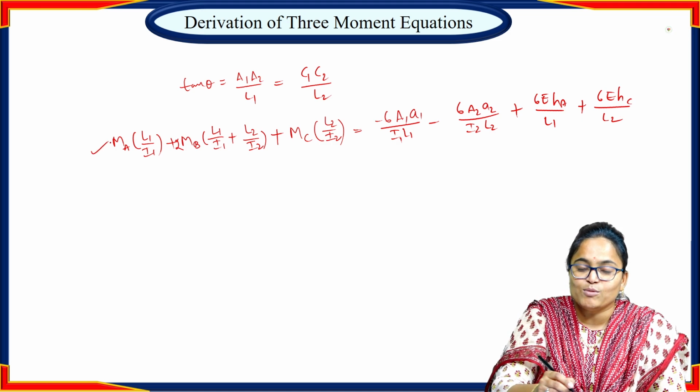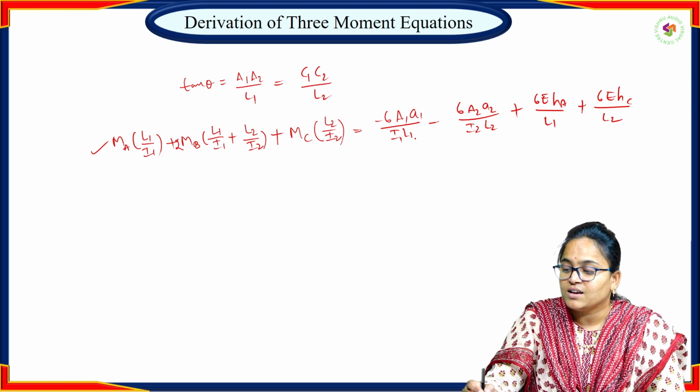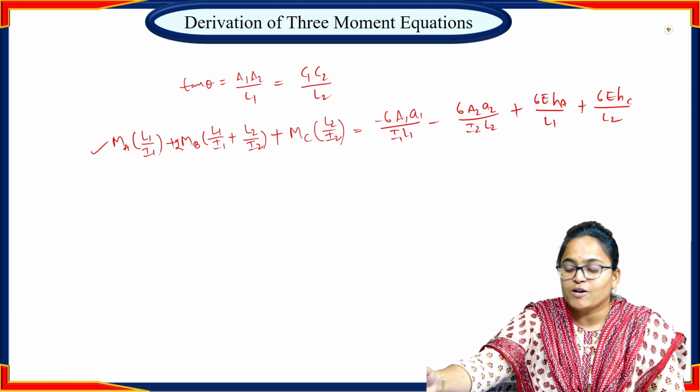Now this is called three moment equation when the span is having different moment of inertias and there is a sinking of support case.